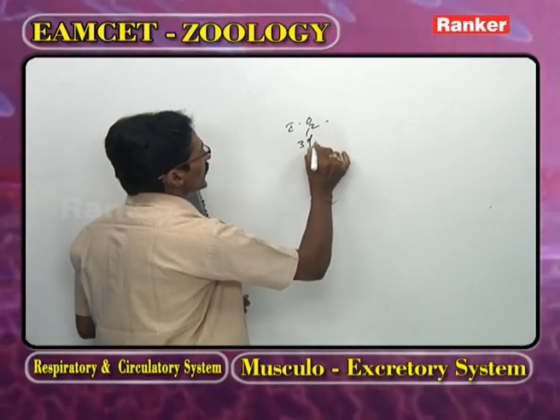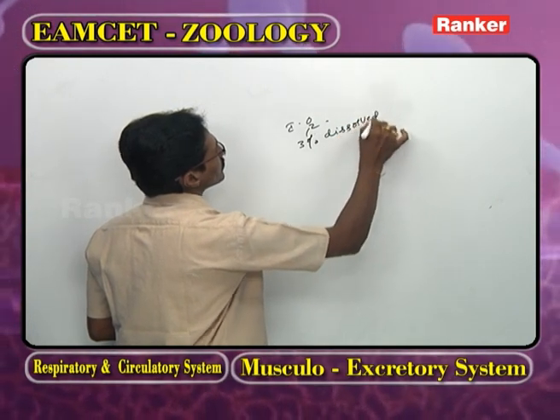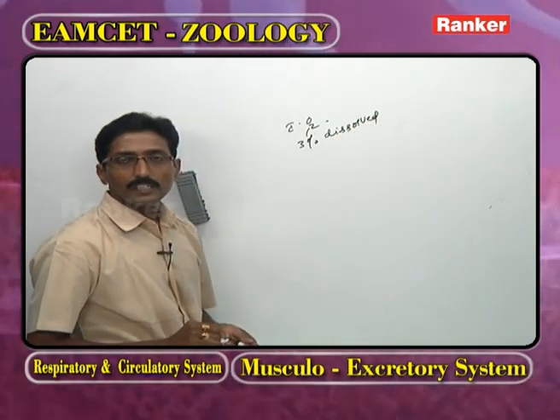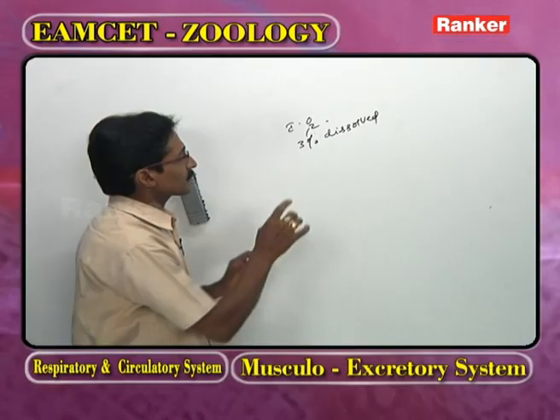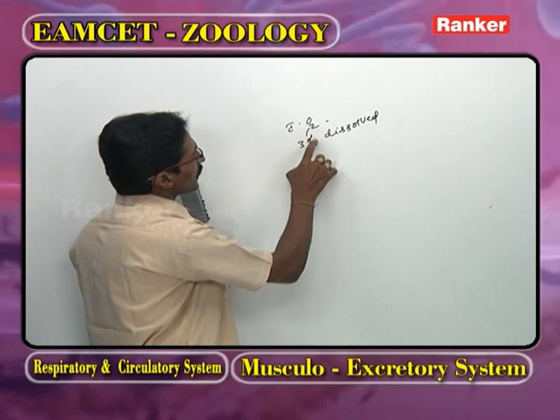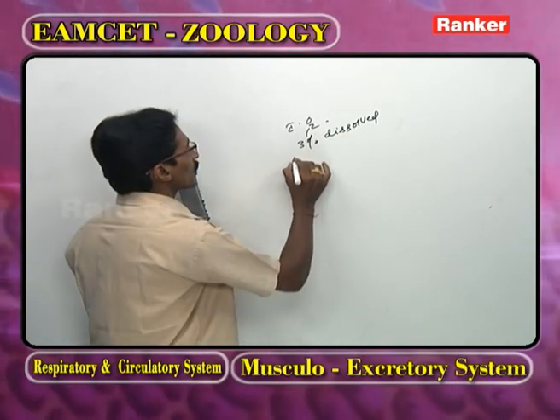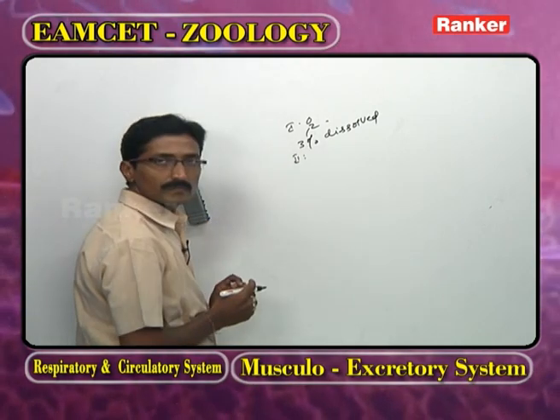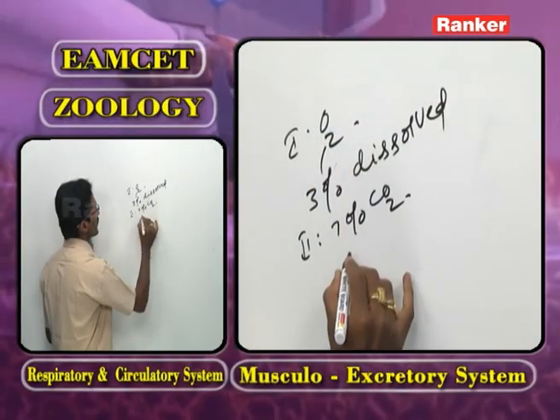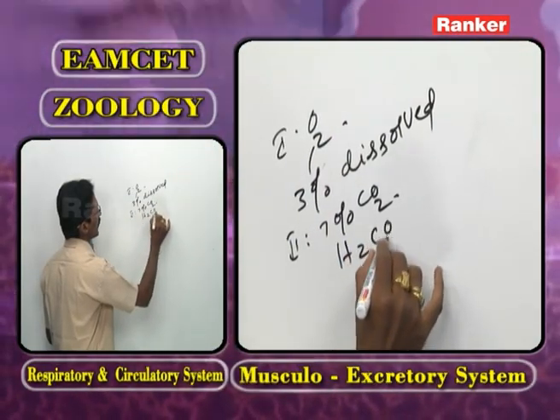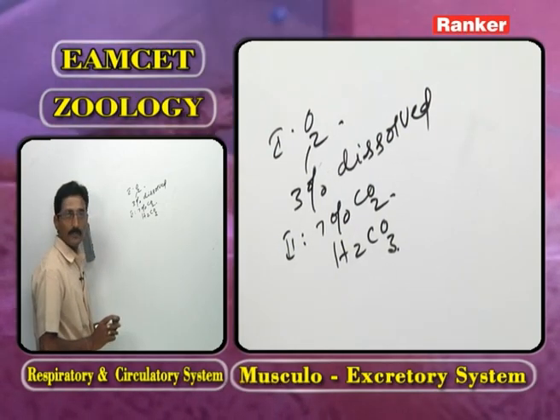3% of oxygen is transported in the dissolved state, because the solubility of oxygen is very less. Now we go for the carbon dioxide. 7% of carbon dioxide is transported in the form of H2CO3, carbonic acid.